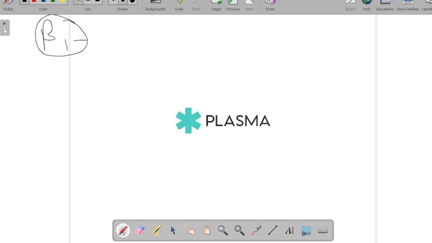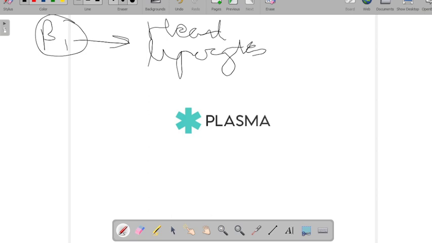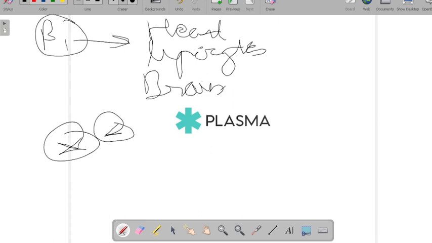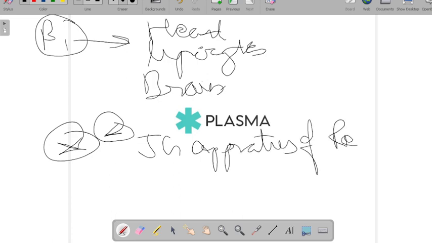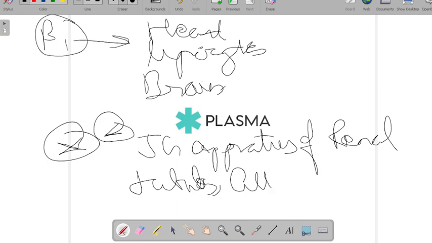Now we'll discuss the beta 1 receptor. The beta 1 is present in postsynaptic effector cells, especially heart, right? Lipocytes, brain, presynaptic adrenergic and cholinergic nerve terminals, and this is important, JG apparatus of renal tubules and ciliary body epithelium.